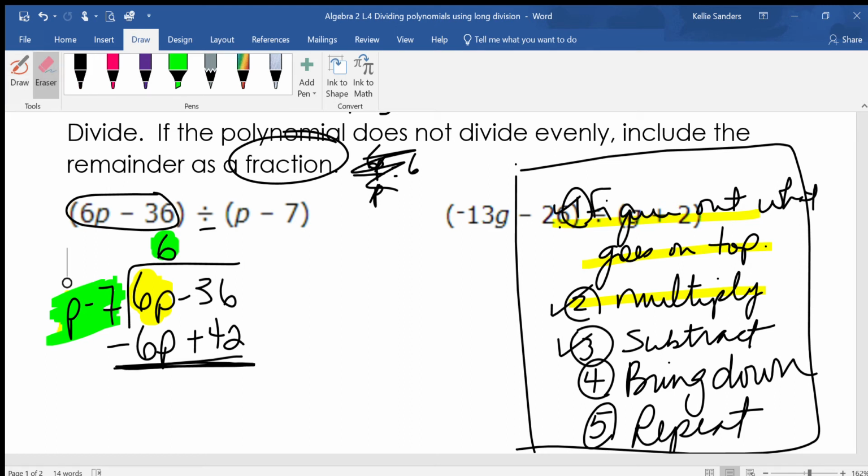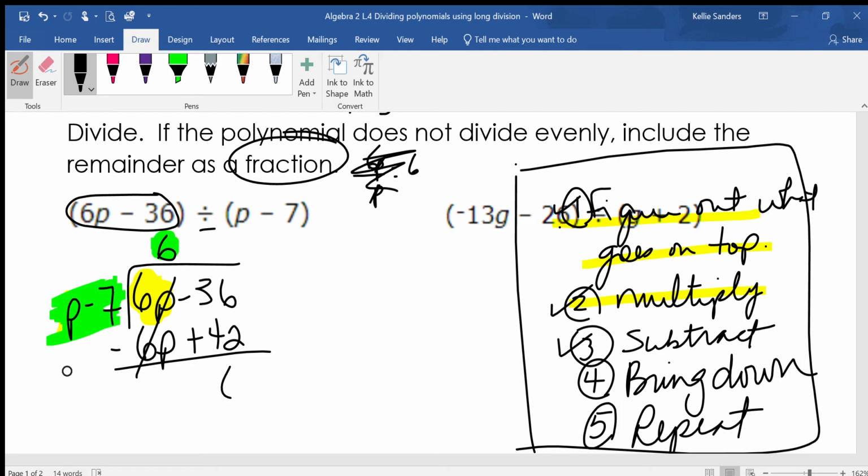Now let me show you that real quick. Okay, so draw your line and change your signs. When we do that, the 6p goes away. And then negative 36 plus 42 is a positive 6.